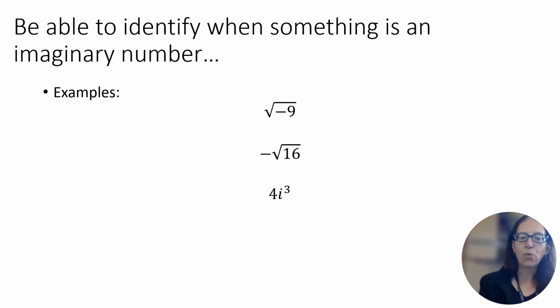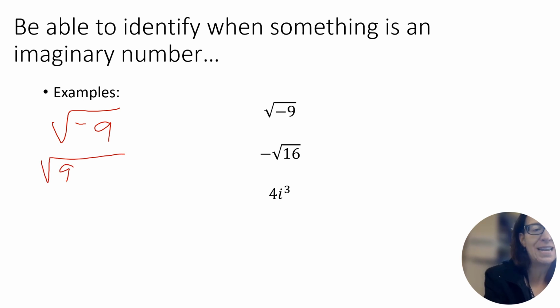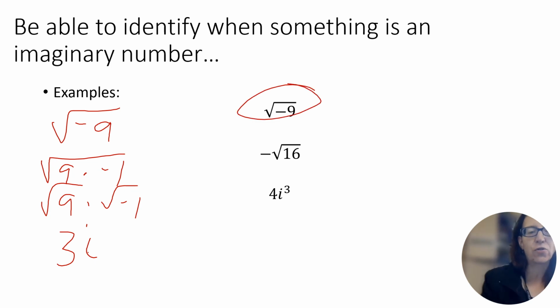The square root of -9, if you were to try to simplify that, would be the square root of 9 times -1, and the square root of 9 is 3, and the square root of -1 is i, so you would circle the square root of -9. Now the next one is negative the square root of 16.